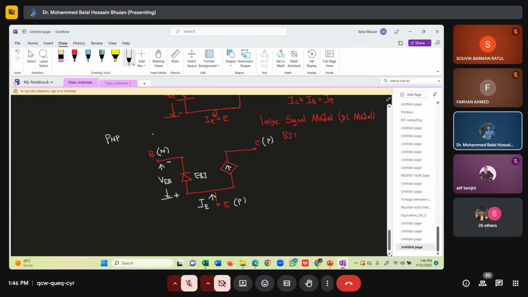Collector current IC leaves the device, IC is IS e to the power VEB divided by VT. And the base current leaves the device. So this is the large signal model for the PNP BJT.